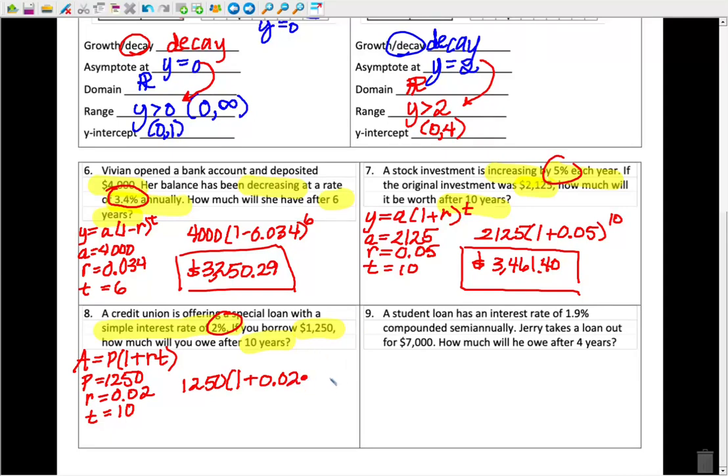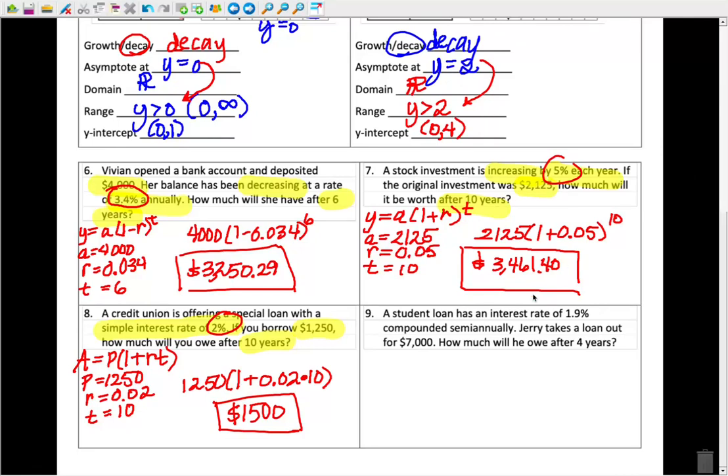This is a times sign. And the calculator will do all the work for you. I have $1,500 even.